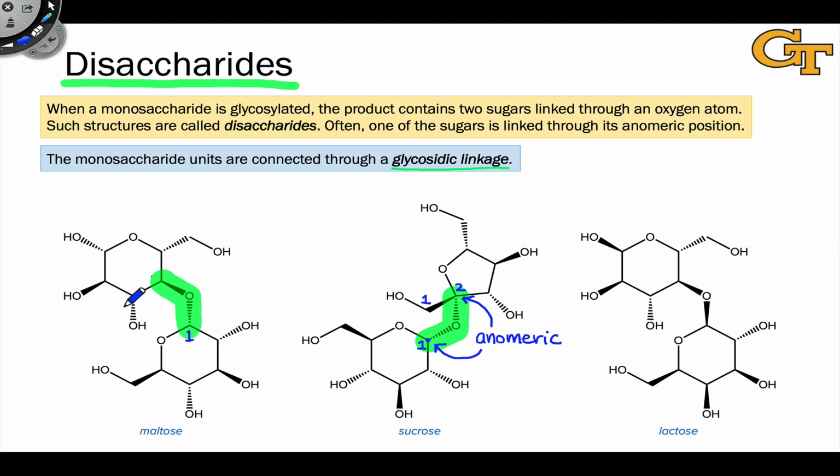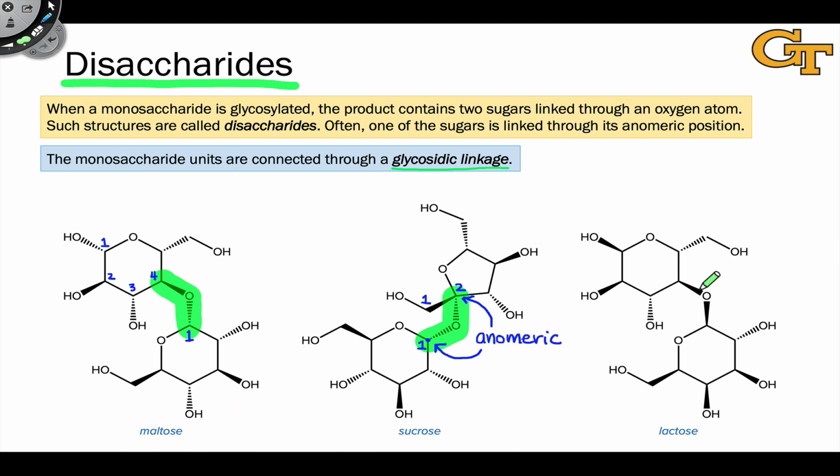In the other glucose unit, we can determine the number of this carbon by looking for the anomeric carbon in this monosaccharide and then just numbering around. The anomeric carbon is here, it's involved in a hemiacetal in this structure. And if we number around, we see that carbon 4 is involved in the glycosidic linkage. And so in maltose, we have a 1,4 glycosidic linkage.